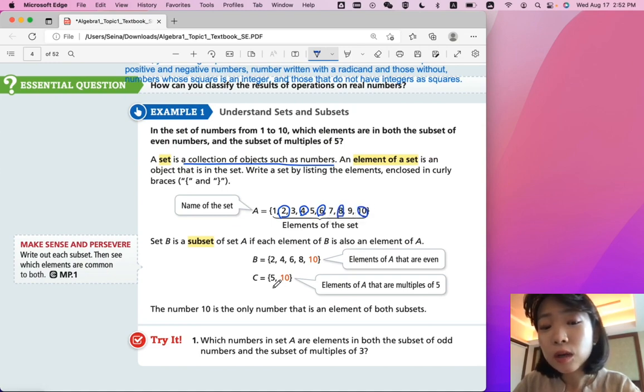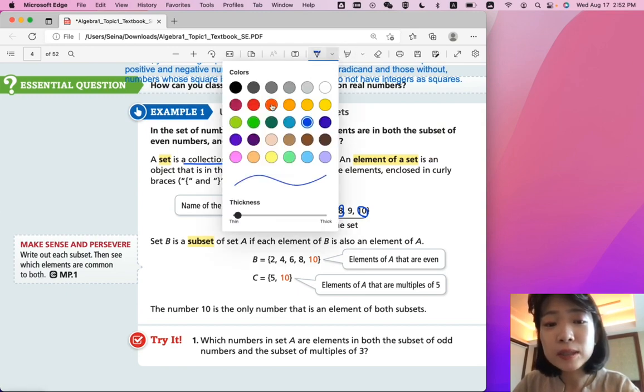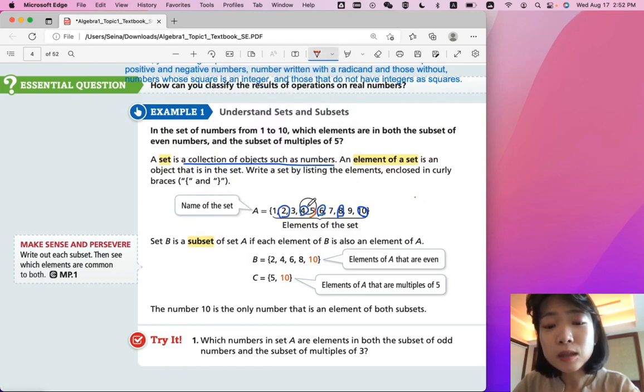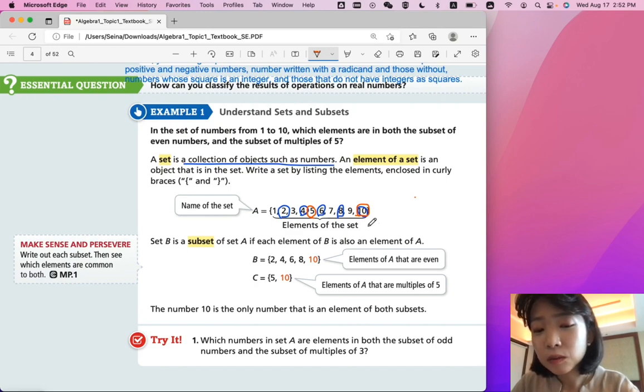C is also a subset of A, but includes different numbers than B does. So 5 and 10 would be a subset of A. And elements of A that are even would be described with this subset B. Elements of A that are multiples of 5 would be C. And the element that is in both the subset of B and C would be 10.